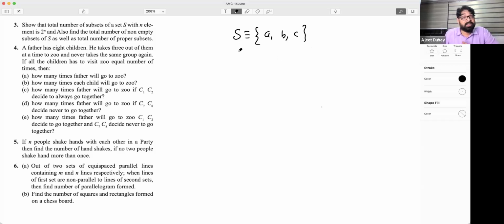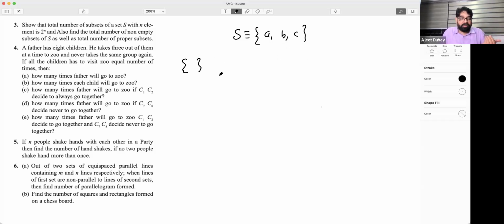If I ask you what is the subset of this? Subset means by using these elements, how many new sets you can create. Always remember, one of the new subsets will be the empty set. Why? Because every collection can have nothing also.